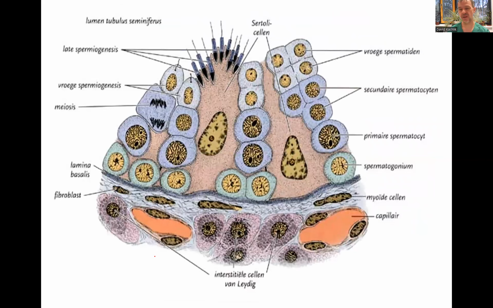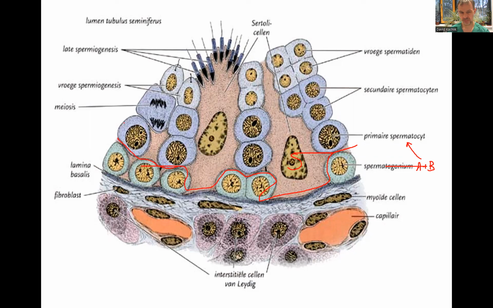And here we can nicely see the different types. So I start with the Sertoli cells and their nucleus, which you can see here, then the spermatogonium A and the B. The B then changes into primary spermatocyte, and here we have the hematotesticular barrier.